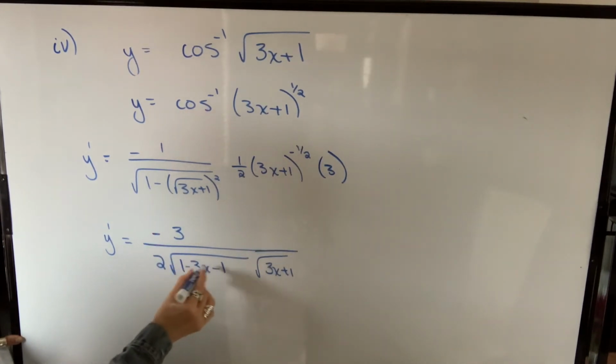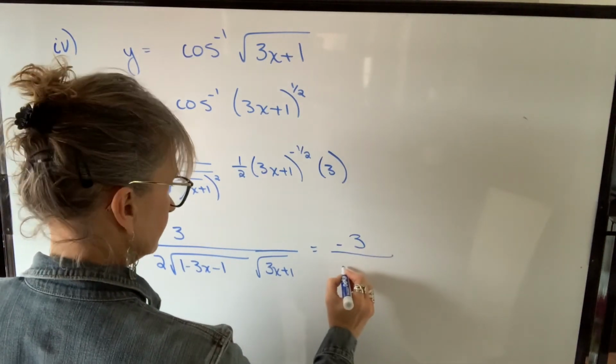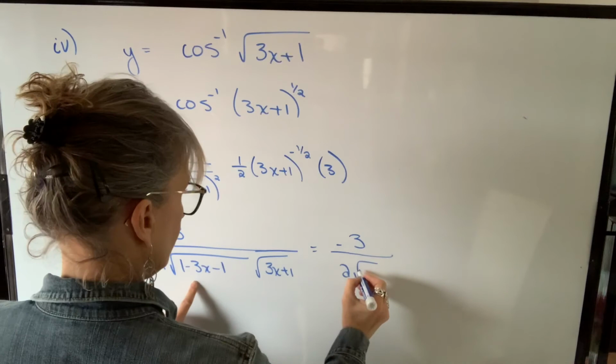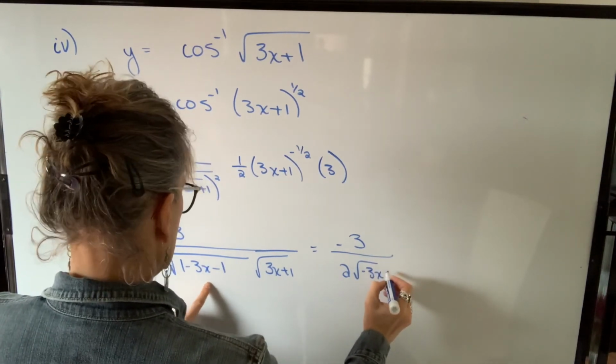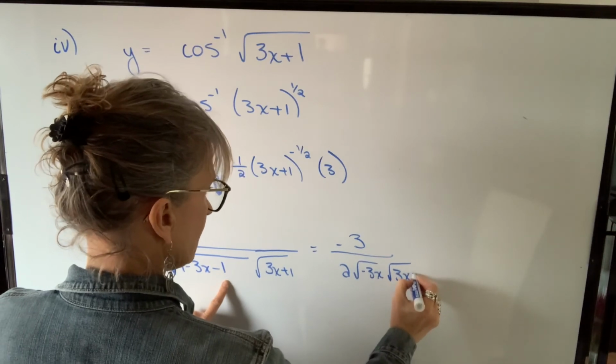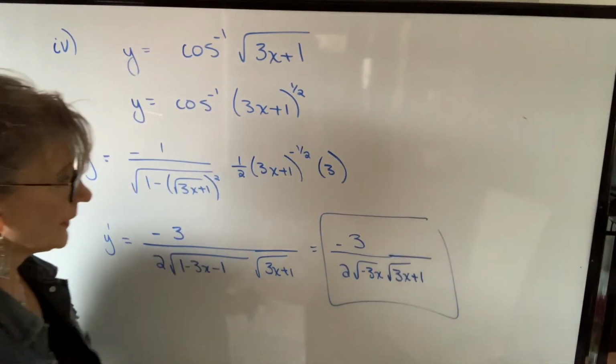Now I can just simplify this expression inside here. So 1 minus 1 is gone, so it's going to be square root of -3x times square root of 3x minus 3x plus 1. That's our result.